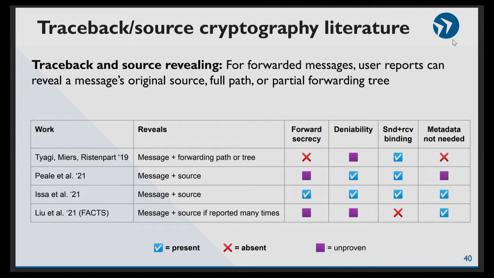These other works, rather than just having me report the message, maybe when I report the message, if it's been forwarded many times, it'll reveal the original sender of the message rather than the forwarder. And these were mostly designed to combat mis- and disinformation, although I don't believe any of them are actually deployed.